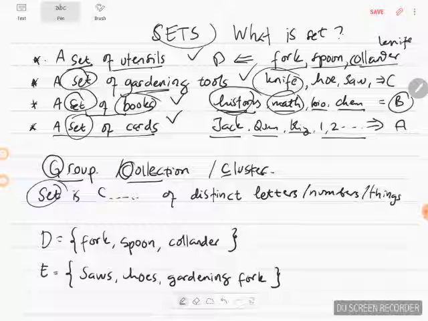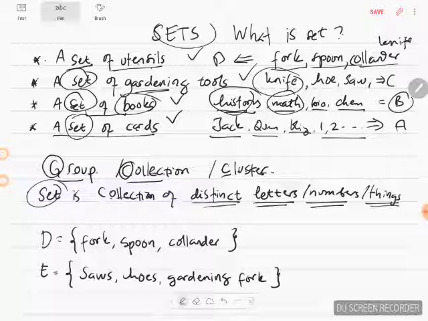So now let's come back to our simple definition. I think you know already since we've given many examples. A set is a collection of distinct letters, numbers, letters as in the alphabet, ABC, numbers, or things.